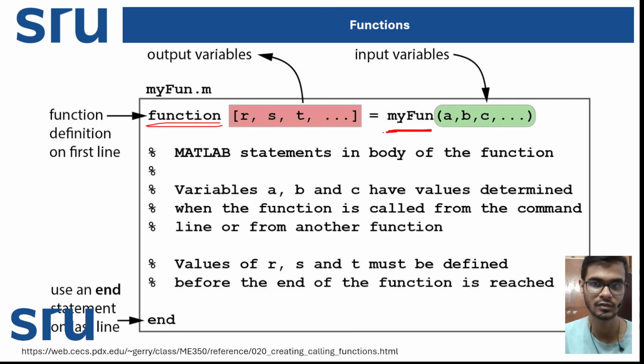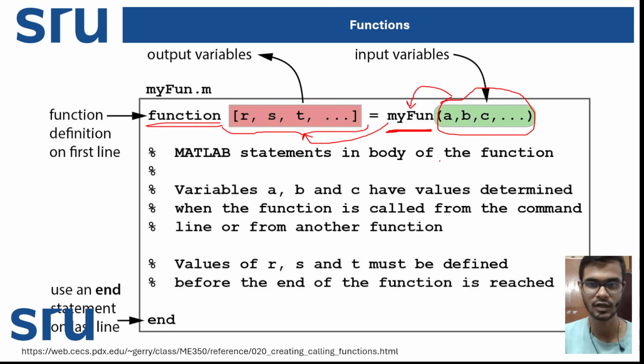The name is set as myfun, and the input variables are a, b, c, and so on. Based on these inputs, which are processed by this function, the function generates some output. So these are the outputs.